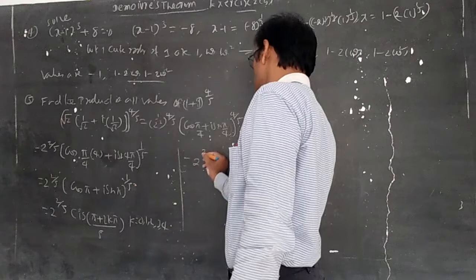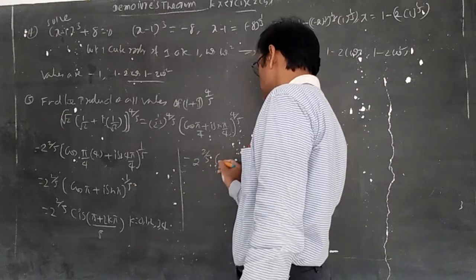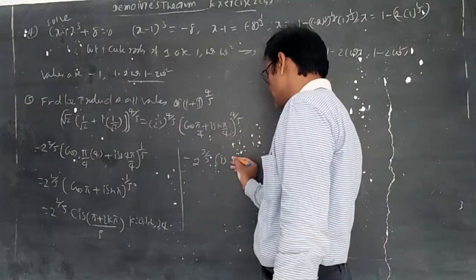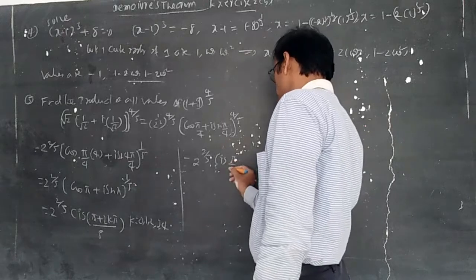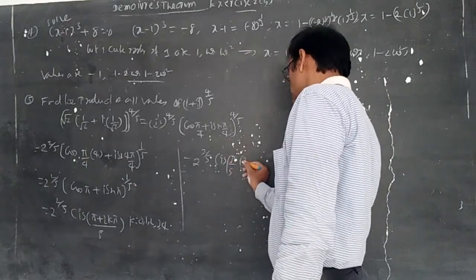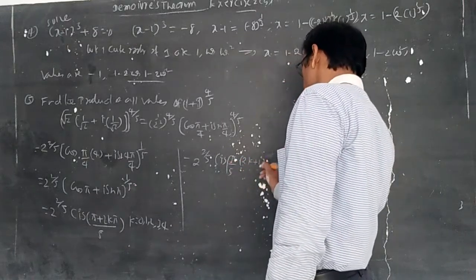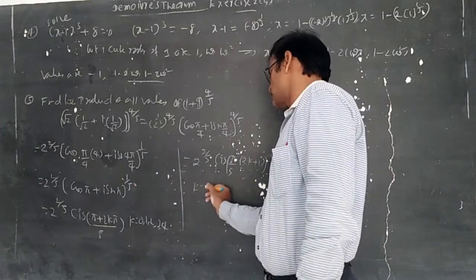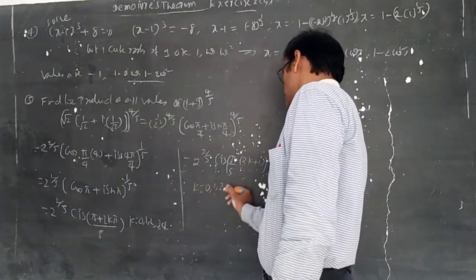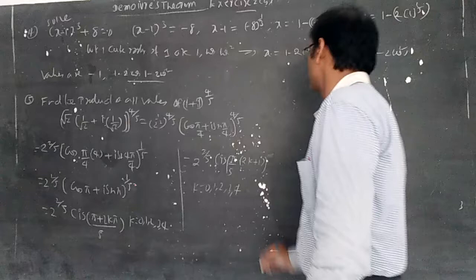The values are 2 power 2 by 5 into, take pi common, cis of pi by 5 into 2k plus 1, where k is equal to 0, 1, 2, 3, 4.